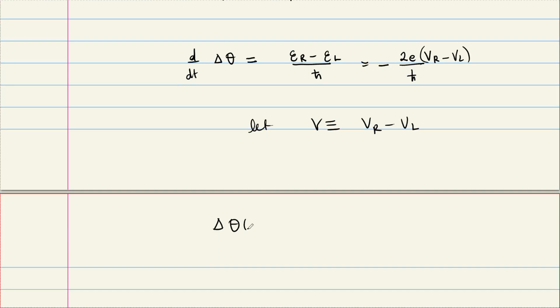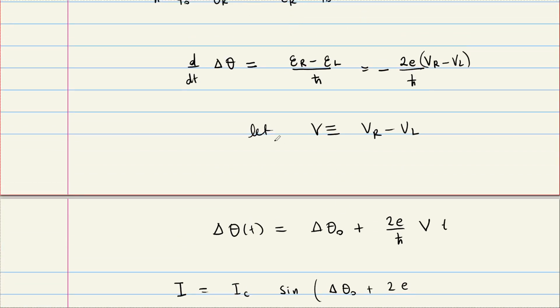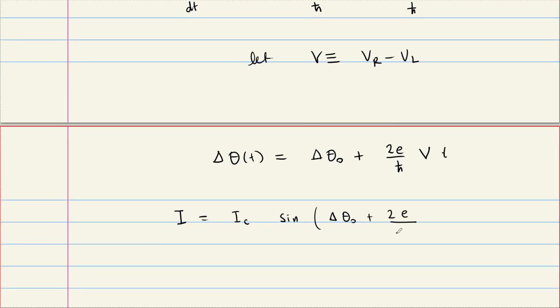Delta theta of t is something like delta theta 0 plus or minus, doesn't matter, 2e over h bar times V. And we put this in the Josephson current, so I is going to be I critical times sine of delta theta 0 plus 2e over h bar V times t. There's a t because I'm integrating delta theta.